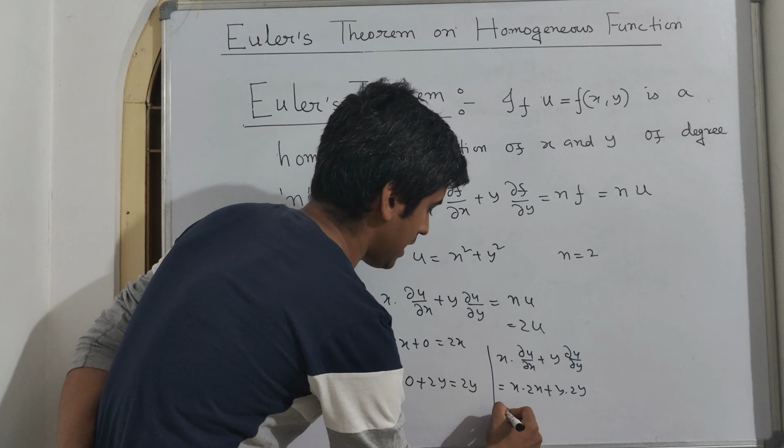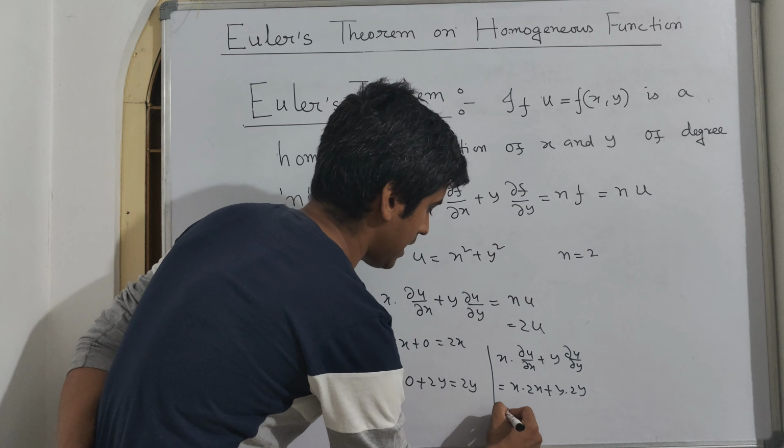Here the degree of y by x is, degree of y is 1, degree of x is 1, so both cancel. So the degree of y by x will be 0. So it has degree 0 and x has degree 1, so the total degree of the function is 1. So we can write it as x to the power 1 into a function of y by x.